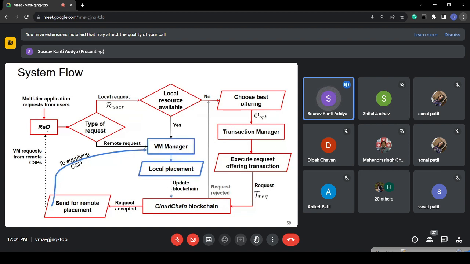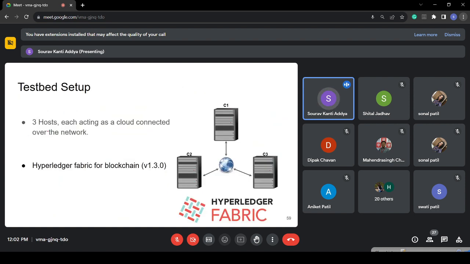We have implemented this in a test bed setup. We have taken 3 hosts, each acting as a cloud, connected over the network. We used Hyperledger Fabric version 1.3.0 at that time, and we set up this architecture in our lab.